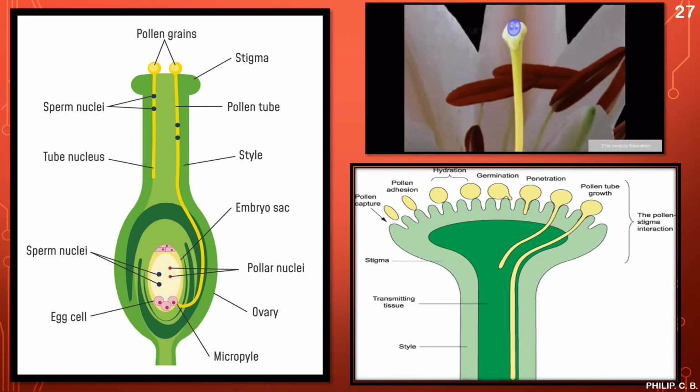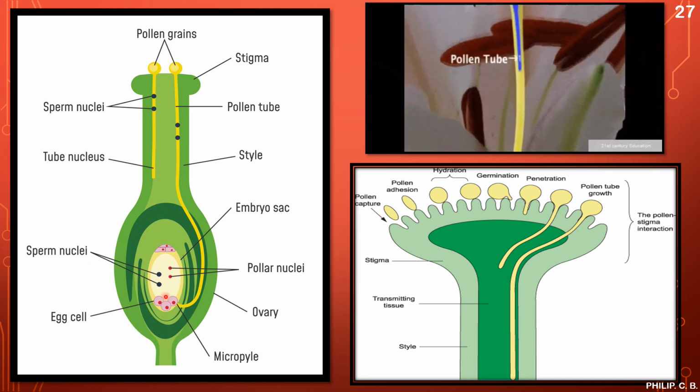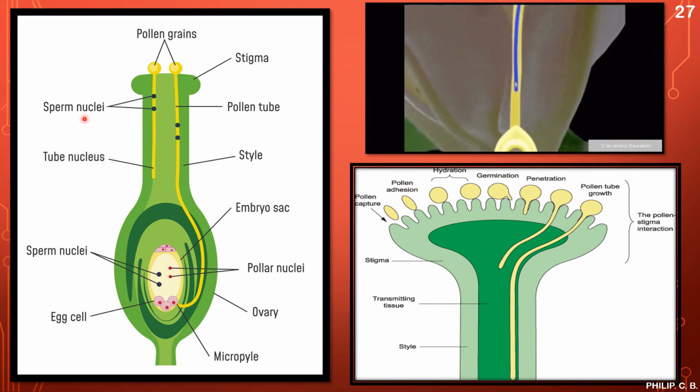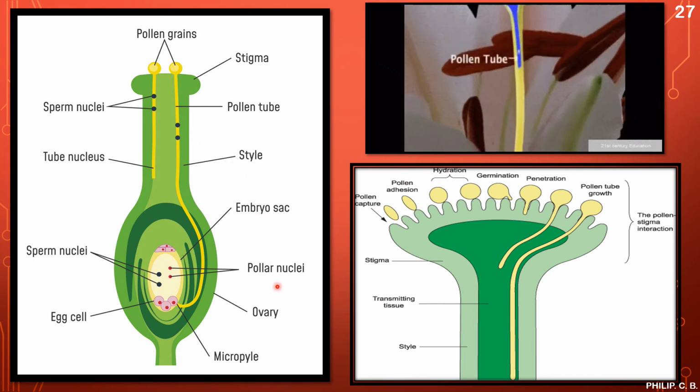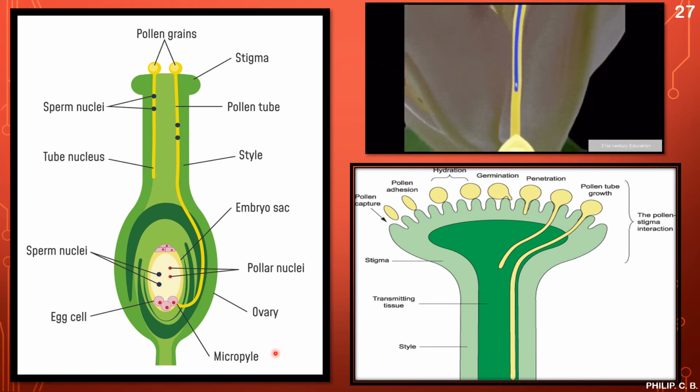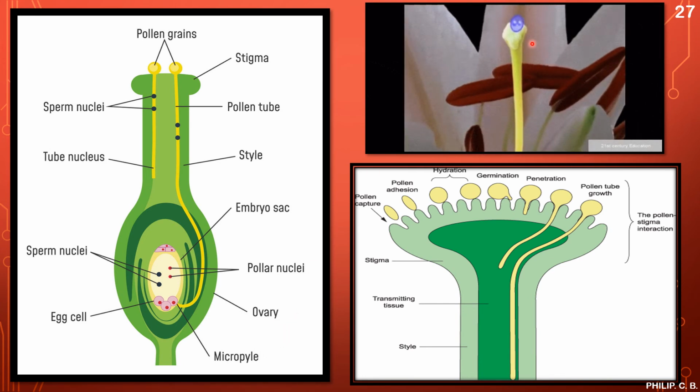Then just a few more images over here of the ovule: egg cell, sperm nuclei in the center, tube nucleus, sperm nuclei, pollen grain, stigma, pollen tube carrying the male gamete, style, embryo sac, pollen nuclei, ovary, micropyle. Here you can see how the pollen grain forms the pollen tube.